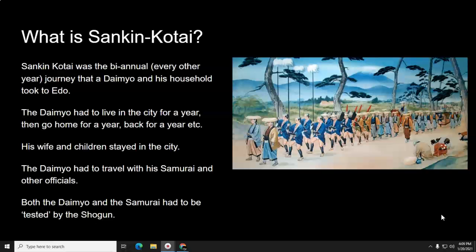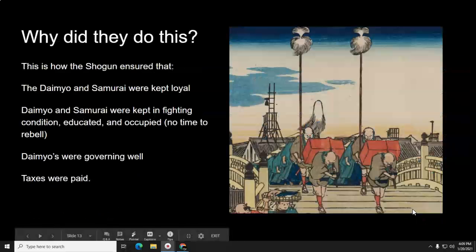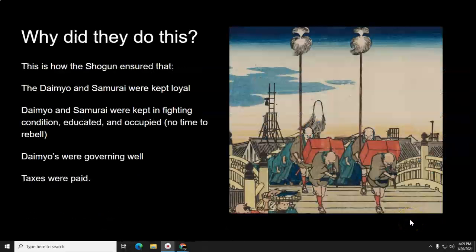He had to prove that his economy was flourishing, and he did that with that gift, and then also that he was governing well. And so the shogun did this to ensure that everybody stayed loyal, because they had to see him all the time, and their wives and children were kept almost like hostages in the city.